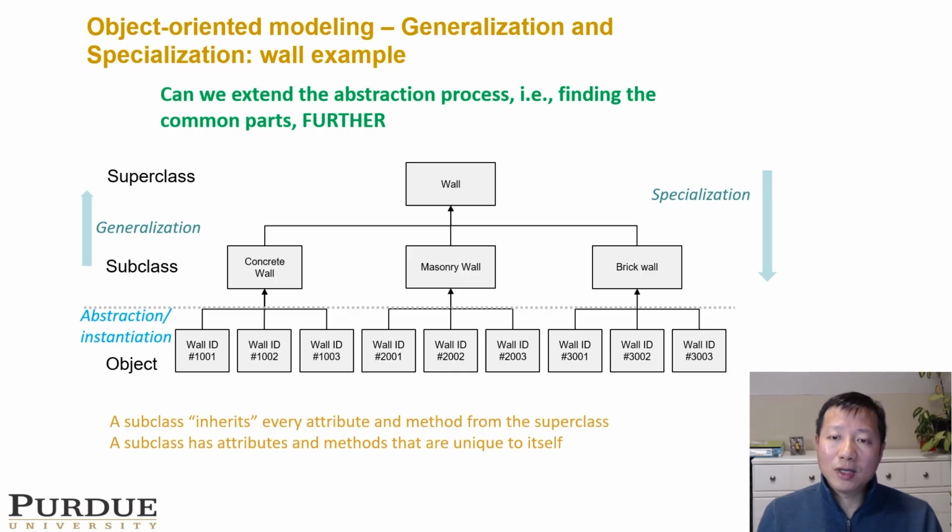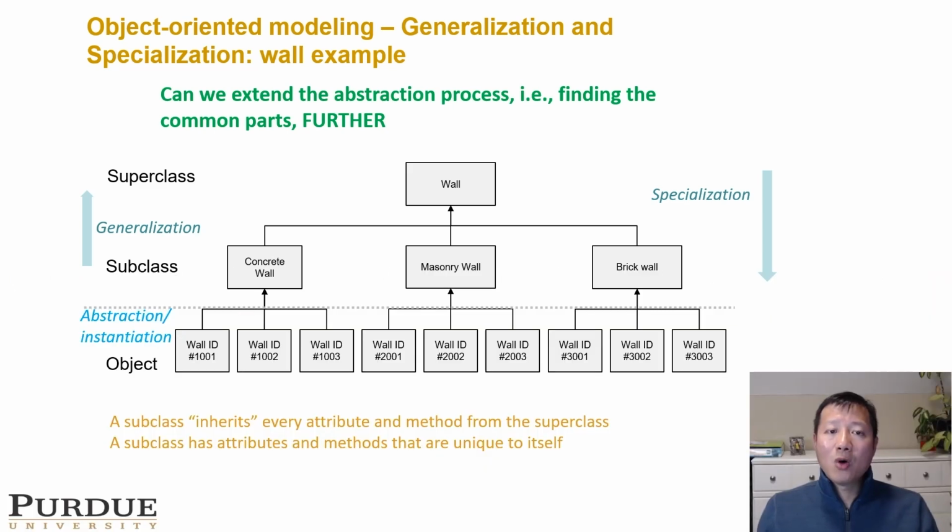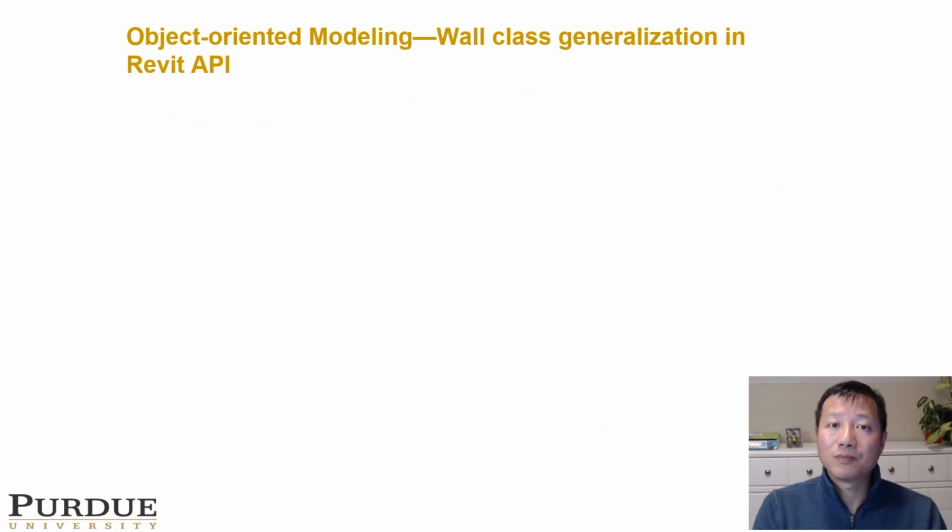In addition to this common set of attributes and behavior, your subclass can have its own unique set of attributes and behavior. So this gives you a lot of flexibility in defining something specialized, while also saving a lot of time and effort by putting all the common things into a single class.